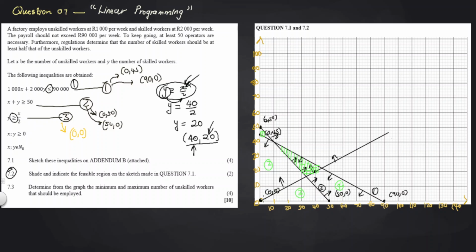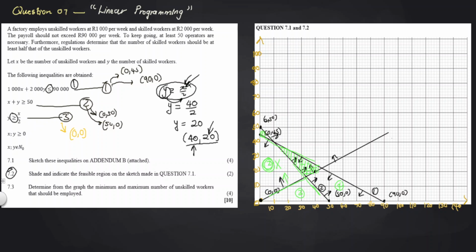This line is pointing into shade number 2. But line number 2 is not pointing into area number 2, so that is why we're not considering it as the feasible region. Same goes with shade number 1, this one.